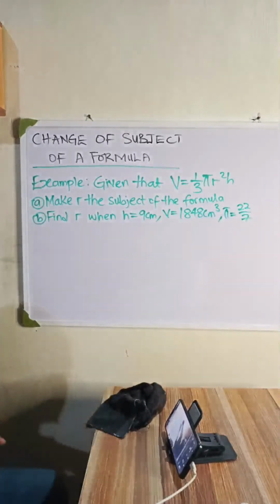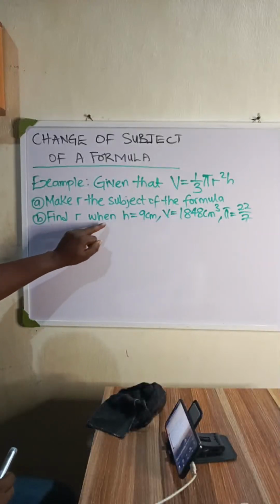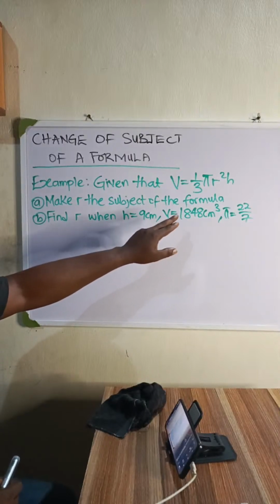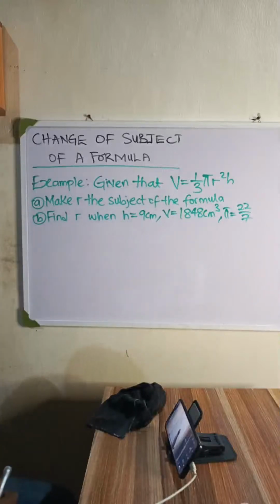Okay. So we have to find the value of R when H is equal to 9 centimeter, V is equal to 1848 centimeter cube, and pi is equal to 22/7.